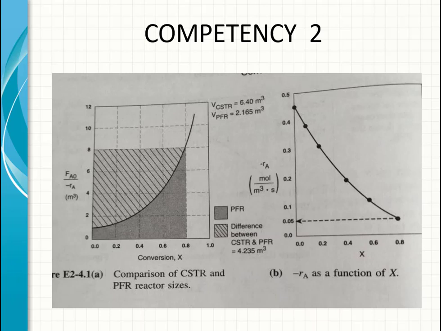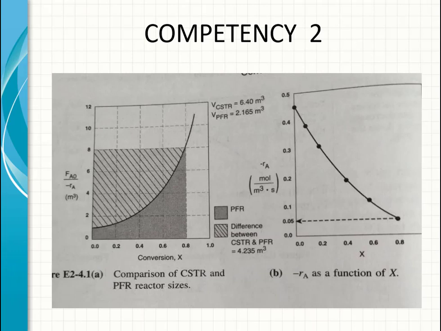And for the PFR, it is only the area under the curve. So the crosshatch is the difference between these two reactors. That's a lot of volume of difference.